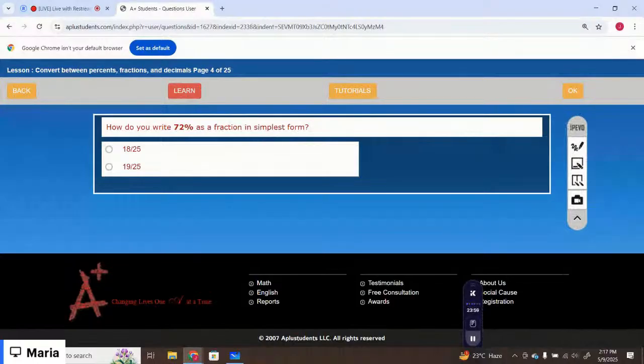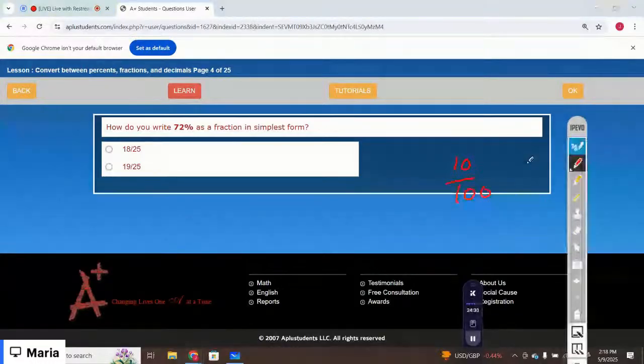How do you write 72% as a fraction in simplest form? So 72 over 100. That is 18 over 25.